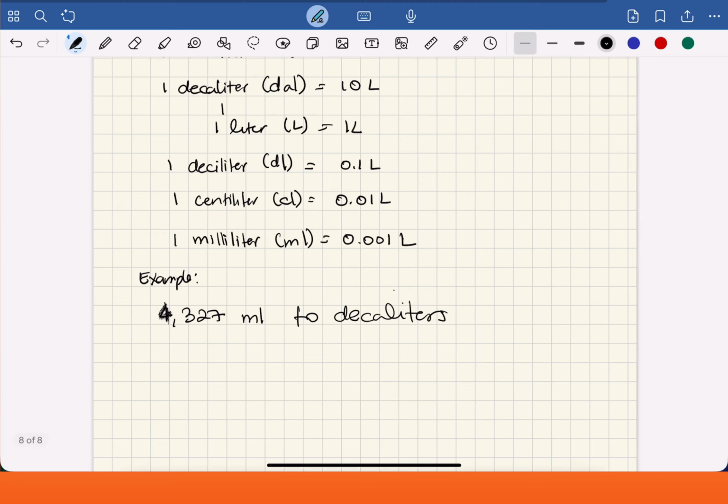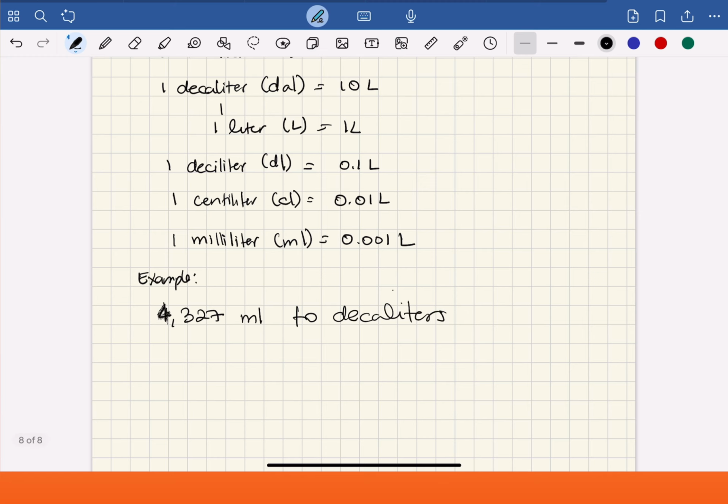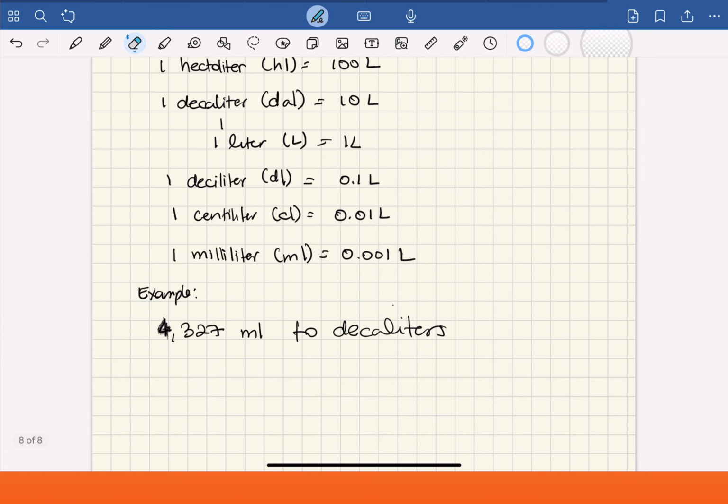Okay, so you want to be able to notice that from milliliter, you can't go from milliliter to decaliter directly because the base unit is liter. So you would have to go from milliliter to liter and then to decaliter. Just like if you go from hours to seconds, you have to go hours, minutes, then seconds.